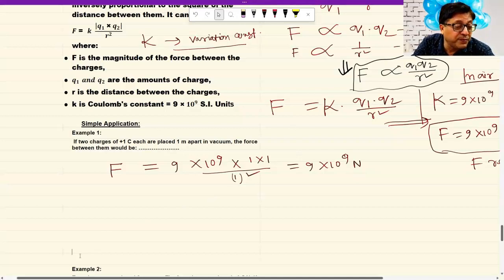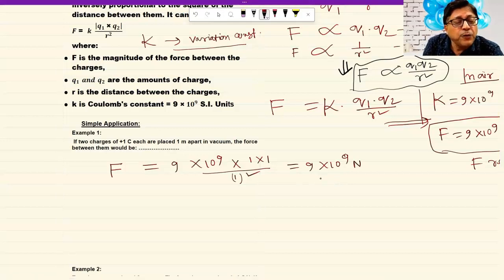I told you before, the definition of 1 Coulomb charge we'll find here. What is going to be the definition of 1 Coulomb charge here? It is actually the force of interaction between two similar charges, and the force is 9 into 10 to the power 9.